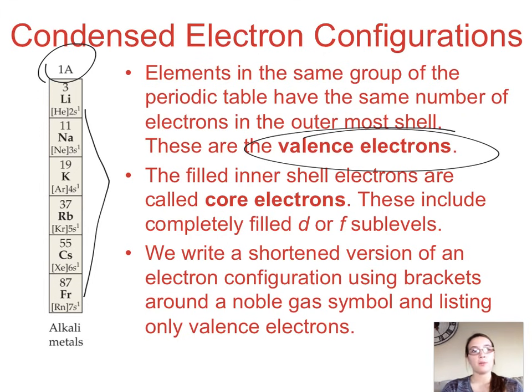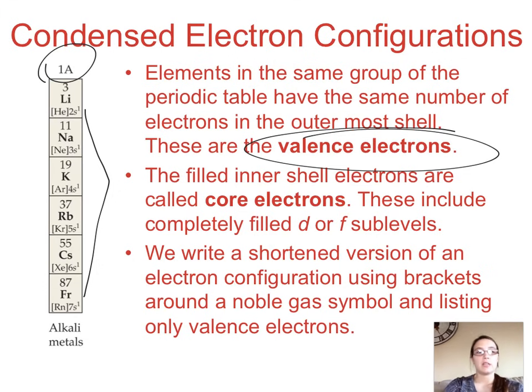They all have the noble gas and then blank s1. So that is important to know. You have to be able to see patterns within the same groups on the periodic table. If you see table 6.4 in the book, that shows you what I mean by looking at the patterns. I would highly recommend that you look at table 6.4 in your book.